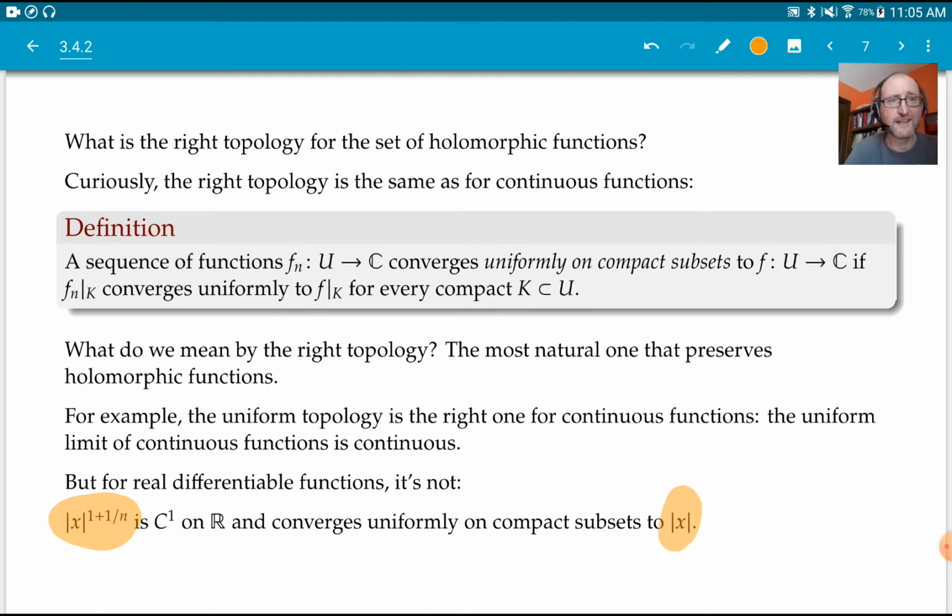Let's say on any bounded interval containing the origin, it converges uniformly to the absolute value of x, which is not C1, but this guy over here is actually continuously differentiable. And you can even do an infinitely differentiable example. There's lots of examples.